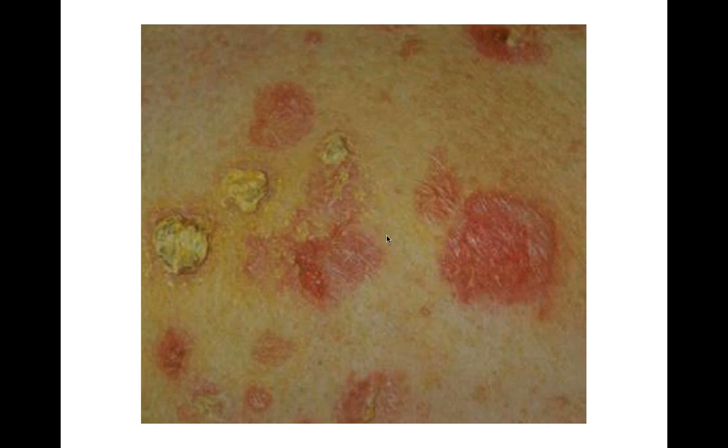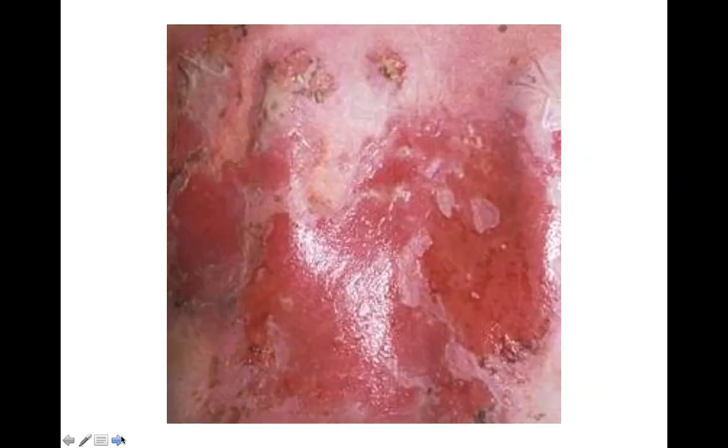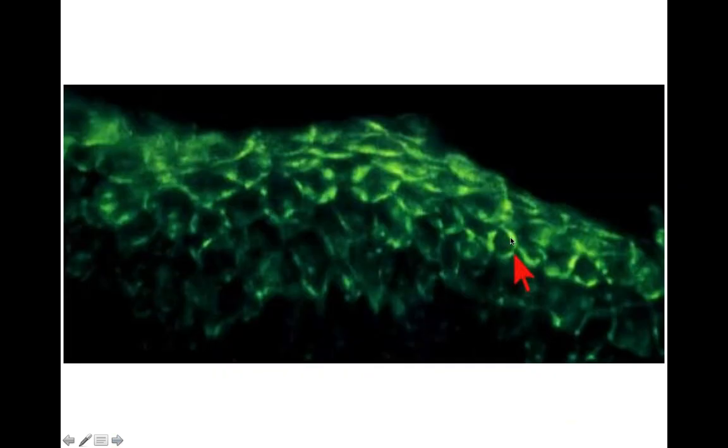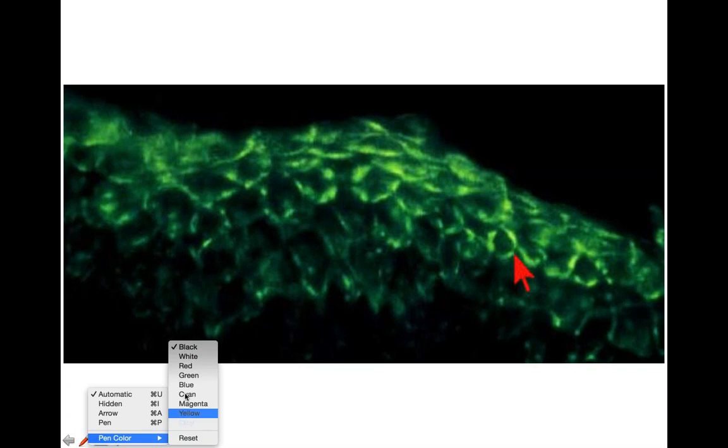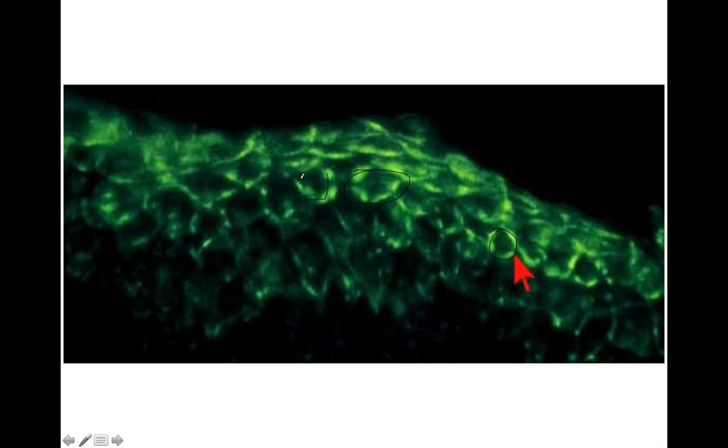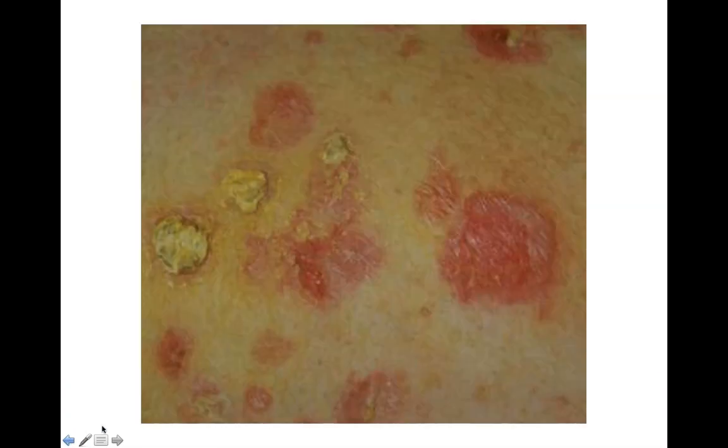These blisters break off very easily, and there is involvement of the oral mucosa. The diagnostic test of choice is biopsy with immunofluorescence, which will show IgG deposits intercellularly. This is characteristic. This picture may not come in the exam, but basically you will have this kind of picture, a flaccid blister.